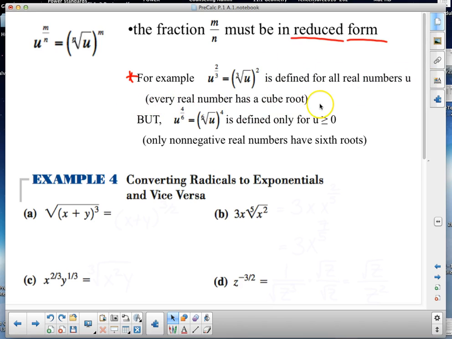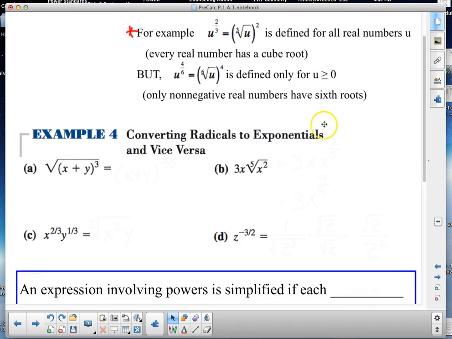Every real number has a cubic root. But keep in mind, if I hadn't reduced it, it's the 6th root of u raised to the 4th power. It's defined only for u greater than or equal to 0. So only non-negative real numbers have 6th roots. So by rule, we have to make sure it's in reduced form for us to use it.